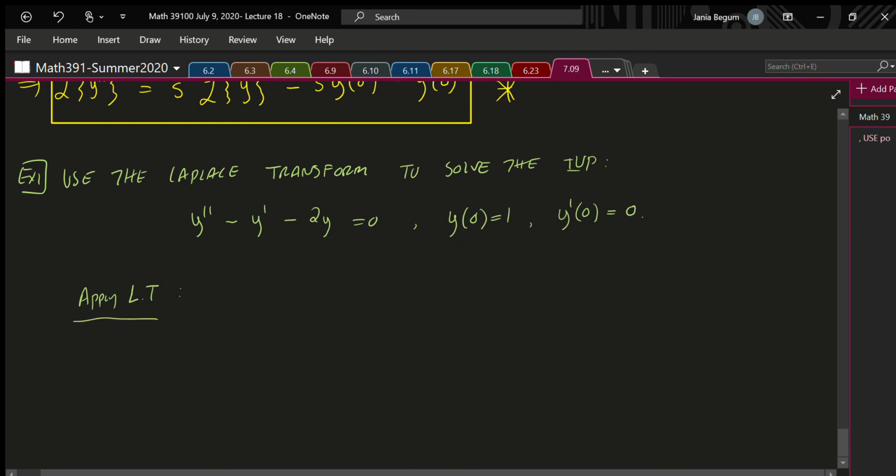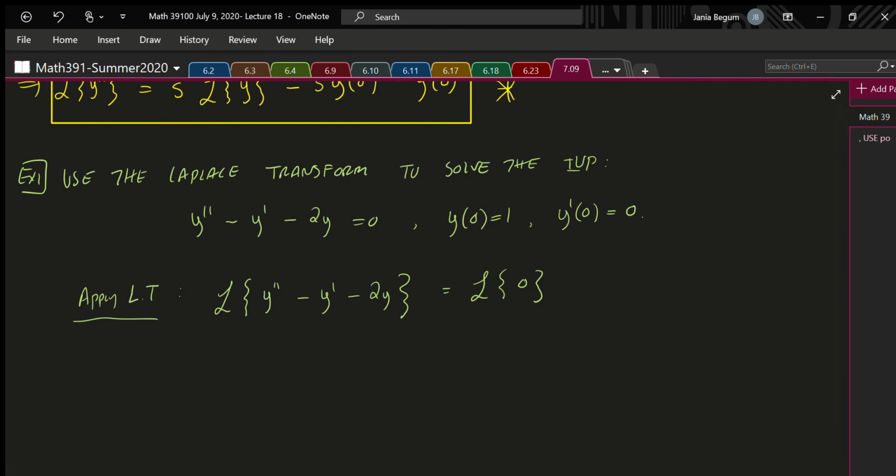So you have the Laplace transform of y double prime minus y prime minus 2y is equal to the Laplace transform of 0. Okay. Well, now, because Laplace is a linear operator, we can take the Laplace transform of each individual term on the left side. That's why we needed to show that earlier. That was the idea for doing that.